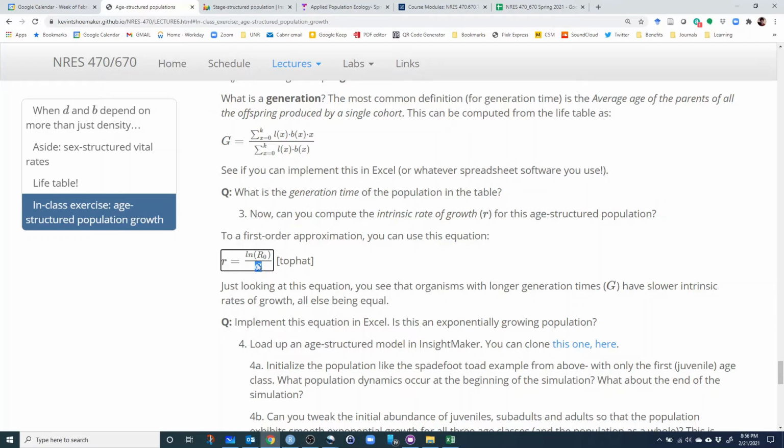Populations with a longer generation time will generally have a slower intrinsic rate of growth, all being equal. So that's why we divide by generation time, and both quantities, R0 and generation time, are necessary in order to compute little r, or the intrinsic rate of growth. So let's do that.